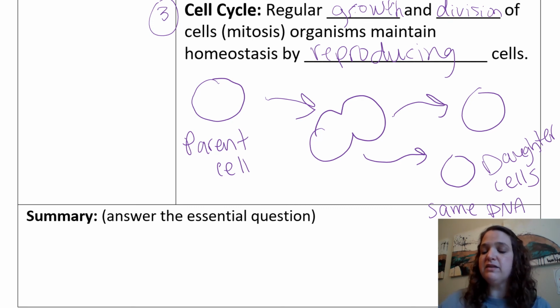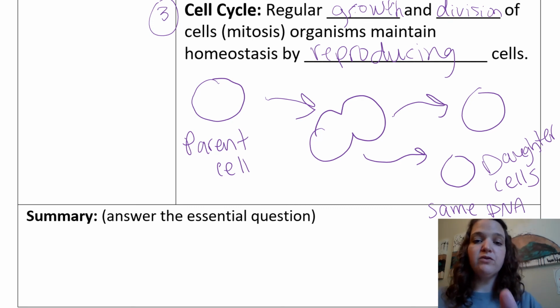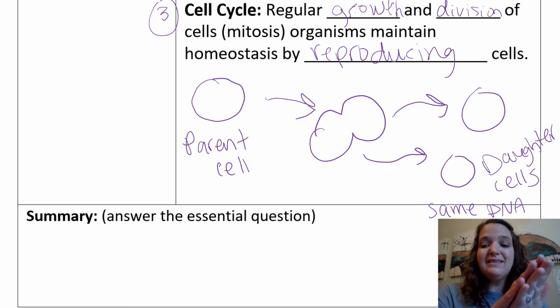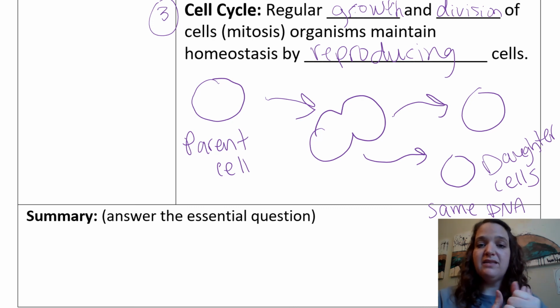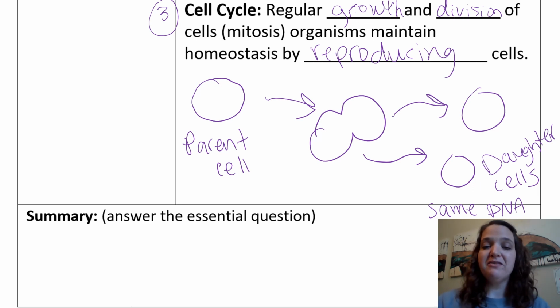So that's actually a really neat process, because the DNA, when it goes through mitosis, makes an exact copy of itself, an exact replica of itself, so that when you end up with the two cells at the end, they have the exact same DNA, the exact same instruction manual as the parent cell, so that the two daughter cells have the exact same DNA code as the original cell.